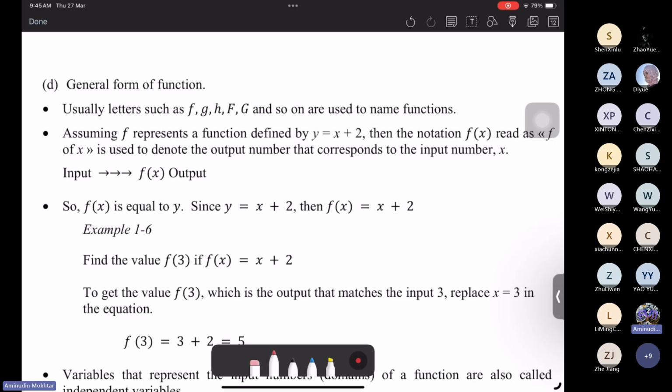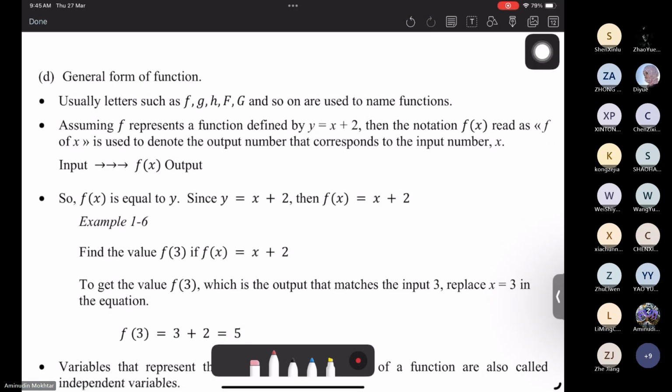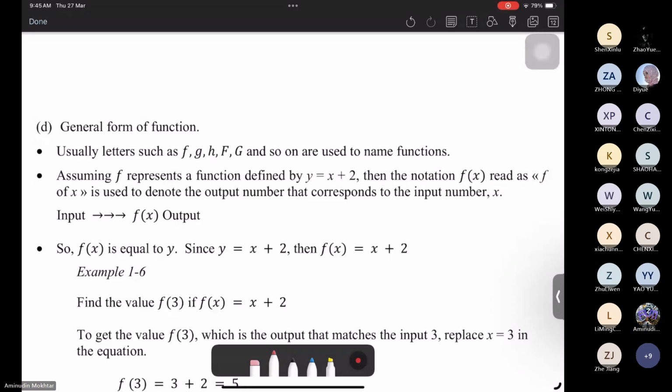It's very basic. For example, let's say we have y equal to 3x minus 1. This also can be written as f(x) equal to 3x minus 1. This is the same thing.